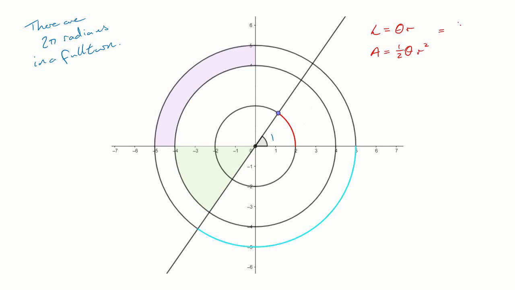So this was a fraction of a full circle times 2 pi r. You can do that either way. Try to figure out the lengths and areas as you did before. Pause the video now and try that.